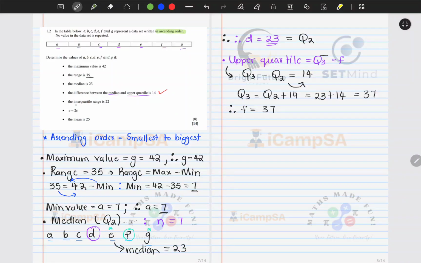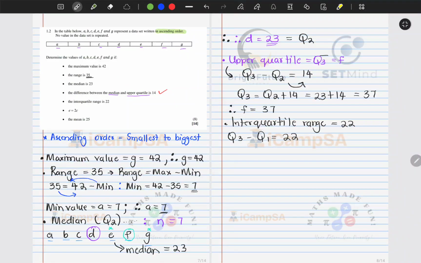Let's have a look at the next statement. The interquartile range is 22. Okay. So we are told interquartile range equals 22. So what does this mean? It means Q3 minus Q1 becomes 22.